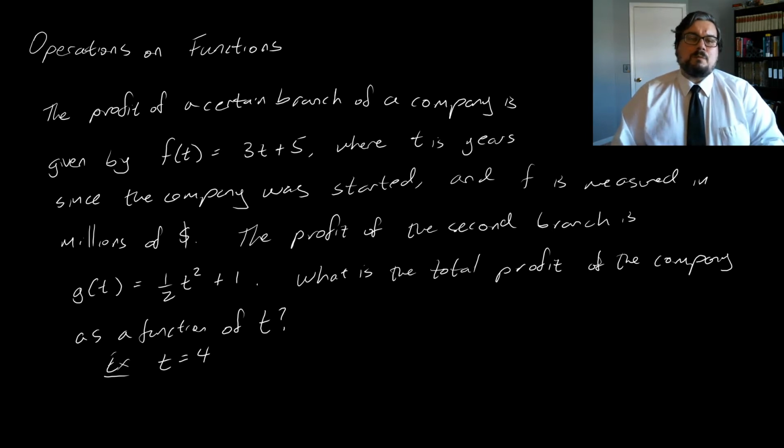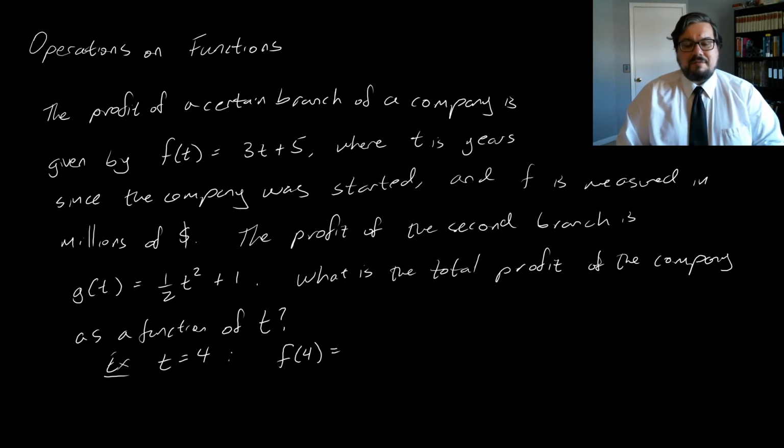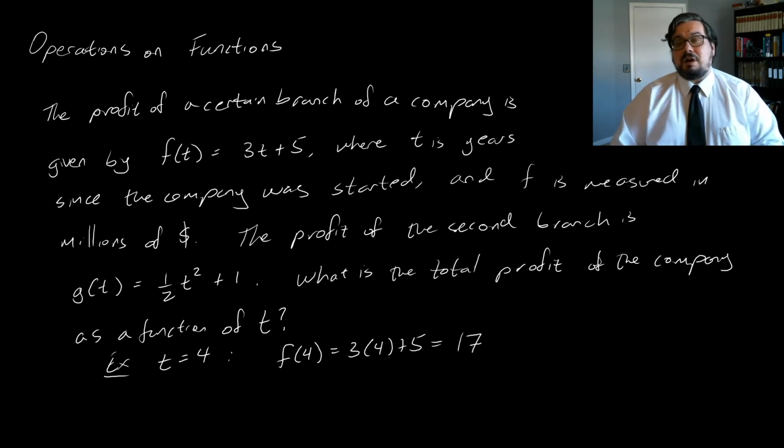Well, what we need to do to figure this out is to figure out the profit that each of the branches had 4 years after the company started, and then combine those together. So if t is equal to 4, then f of 4 is equal to 3 times 4 plus 5, which is 17. So the first branch had a profit of $17 million 4 years after the company began.